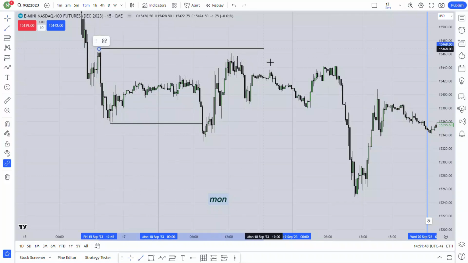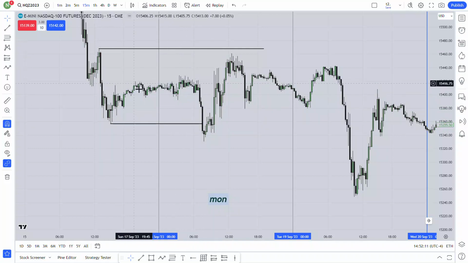This is your higher high, the swing high from before the market. And I don't trade the London session. I only trade the New York AM session and the PM session, so I will give you the example only for those. I don't care about the London session. Okay, so this is the low, this is the high.